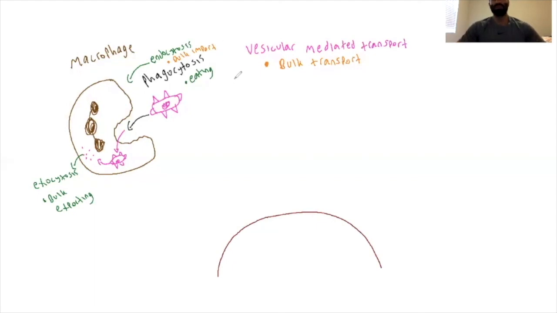Now, there is a process that we're going to just touch on. Well, first let me show you exactly how this works. Now, this here I'm going to draw is called a vesicle. And a vesicle is basically a small cell membrane made up of phospholipids. And I compare it to a shipping box.